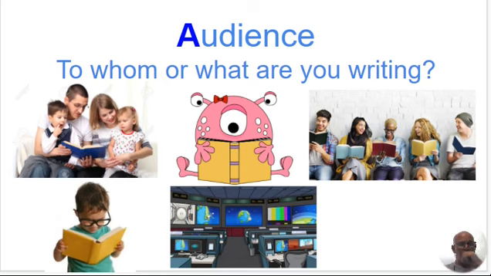Are you writing to your family? Are you writing to a young child or children even? Maybe you're writing to another alien. What about if you were writing to NASA? Or writing to adults?